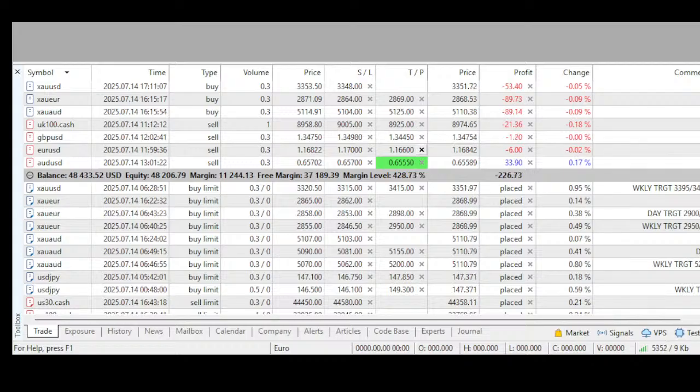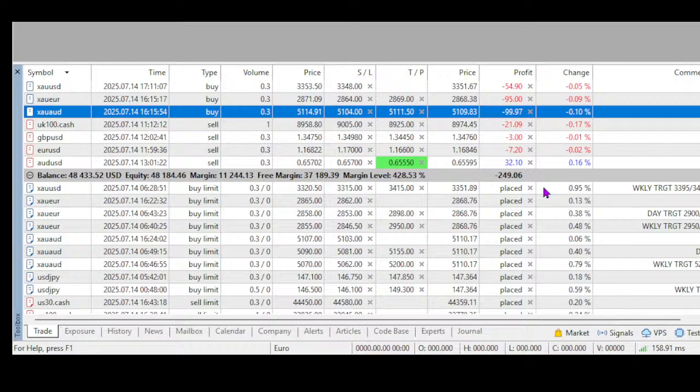So this is the thing, and the same thing here. This one also we want to take a loss, at least about $1 away from where it is. So these two I want to reduce.